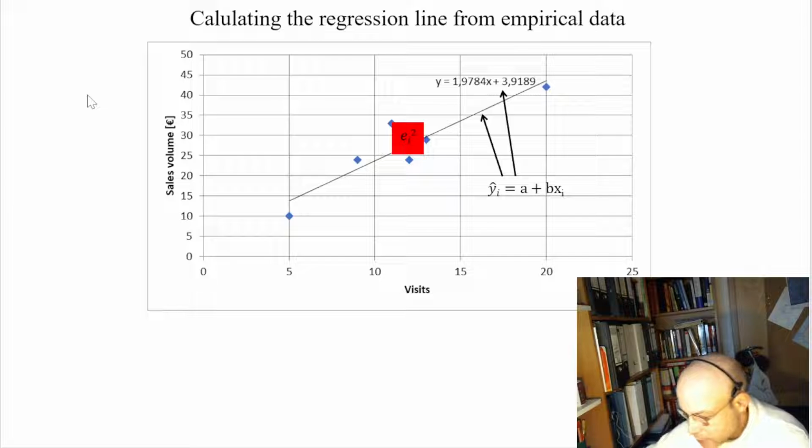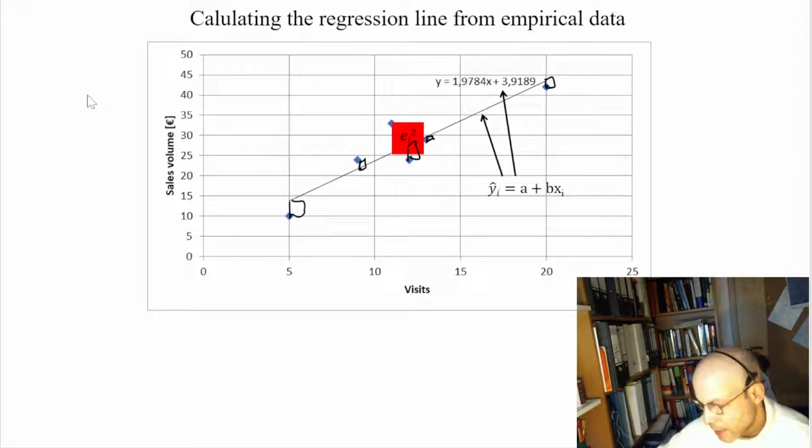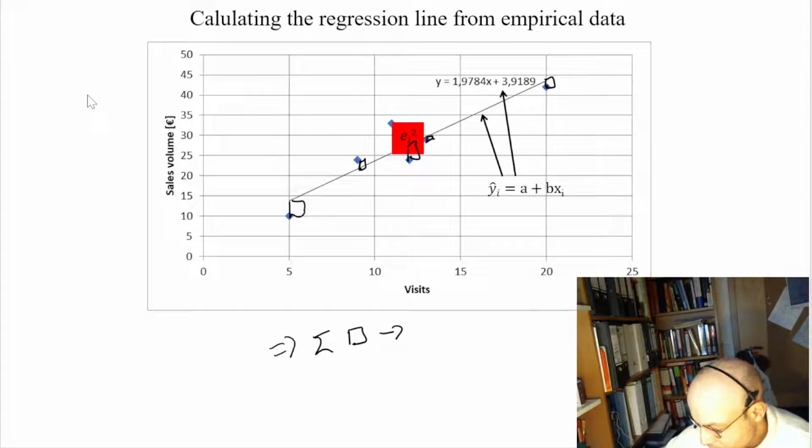Is that if we go back to our example, that what we have done is just we summed up all these little squares, and that then we minimized, so to speak, the sum of these squares. Saving quite a long time, sorry.